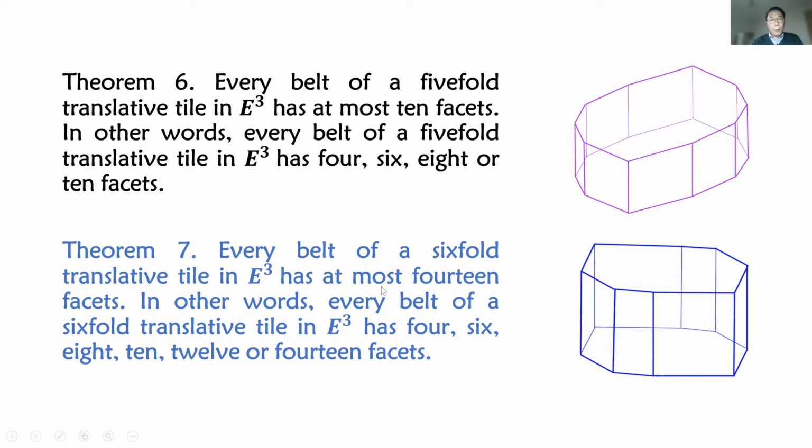For the 6-fold case, we can also produce an upper bound, which says every tile of a 6-fold translative tiling in 3 dimensions has at most 14 facets.